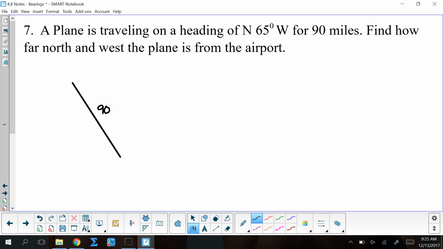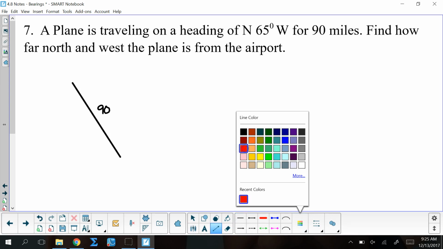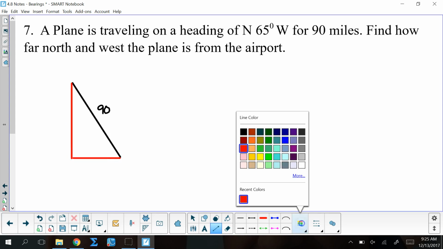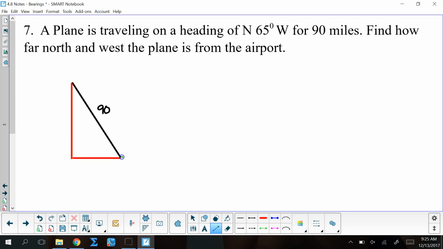Now, how you go about drawing your triangle is, again, totally up to you. So I could draw this triangle like this. I could also draw this triangle like this.